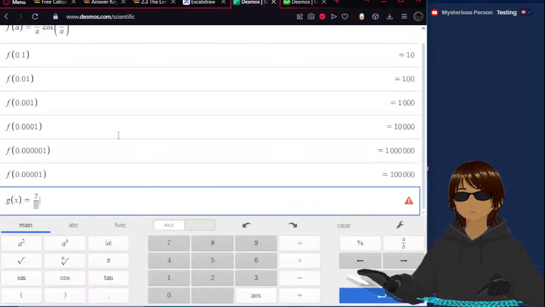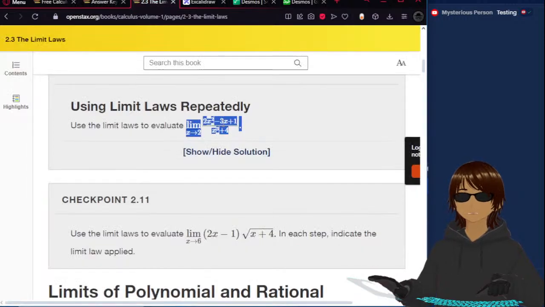2x squared: 2 times 2 is 4, 4 times 2 is 8, 8 minus 6 is 2, plus 1 is 3. And then 2 cubed, 8 plus 4, 12. So it's 3 over 12.